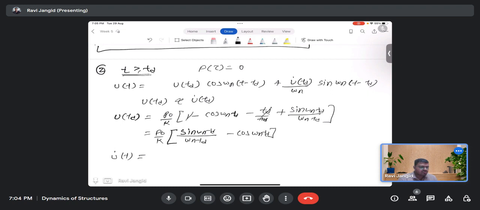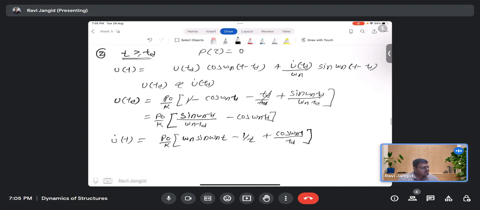To find out u dot (td), first find out u dot (t). So if I get u dot (t), it comes out to be P naught by k into omega n, sine omega n t minus 1 by t plus cos omega n t over td.